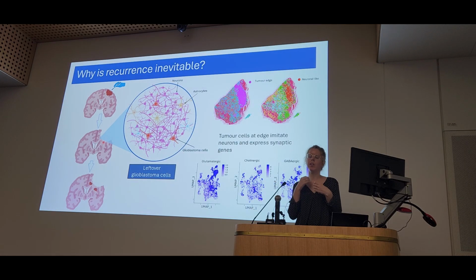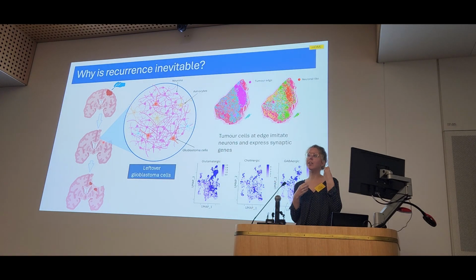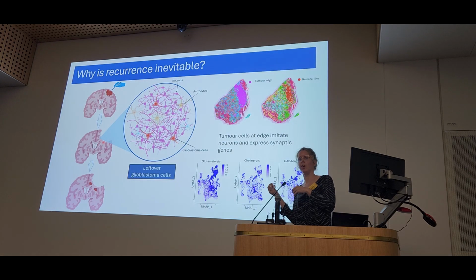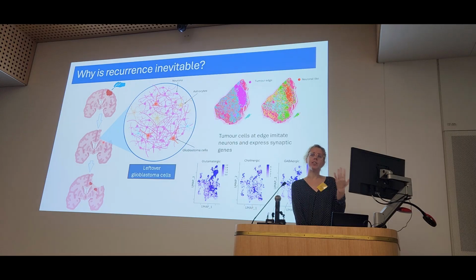We have found, and other groups have found and published, that tumor cells can also interact with normal neuron cells in this synaptic connection. And what is interesting is that in neurons, these synapses improve their survival and make them proliferate more. So basically these tumors are taking advantage of these neuronal pathways to promote their own survival.